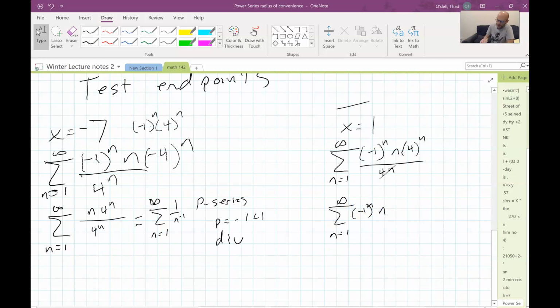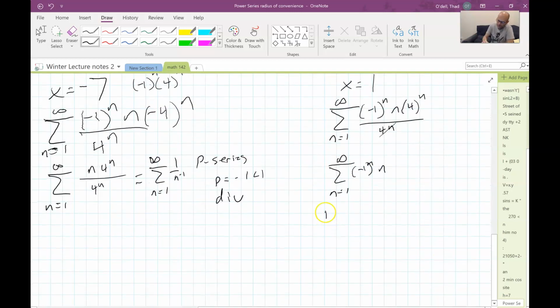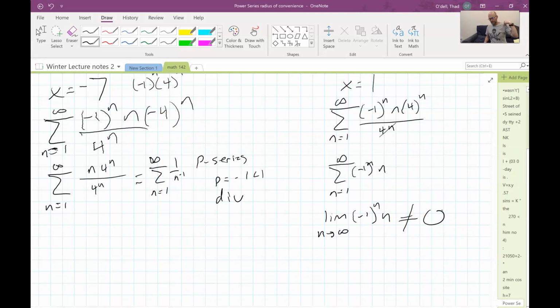And this we can actually use the nth term test on. The limit as n approaches infinity of -1 to the n times n does not equal 0. It just gets bigger and bigger, even though it's hopping back and forth, positive, negative, but it's getting further and further away from 0 as it goes.